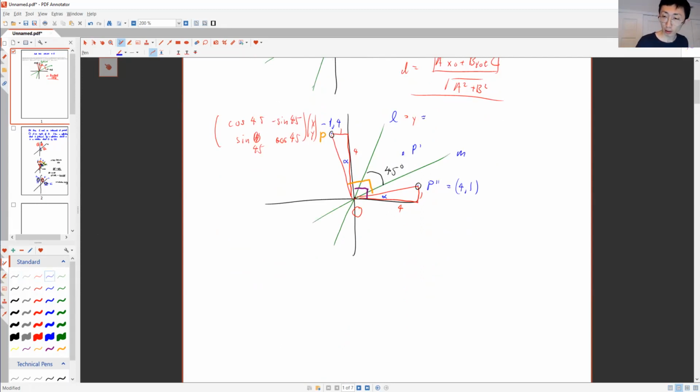This line was y equals 5x, or the problem said 5x minus y equals 0, which is the same. So let's rotate this. This line passes through 0, 0 and 1, 5. So we can build a square off of this.